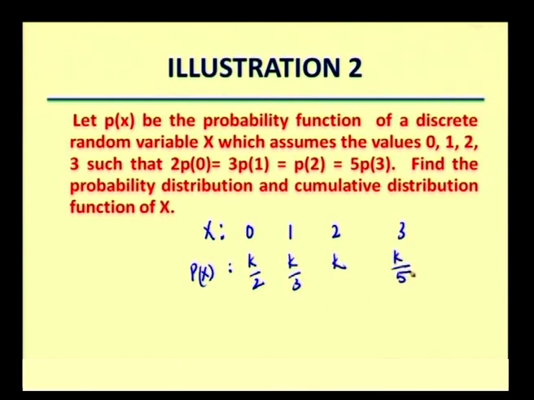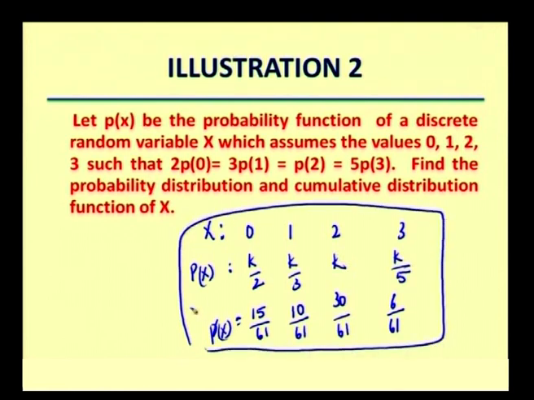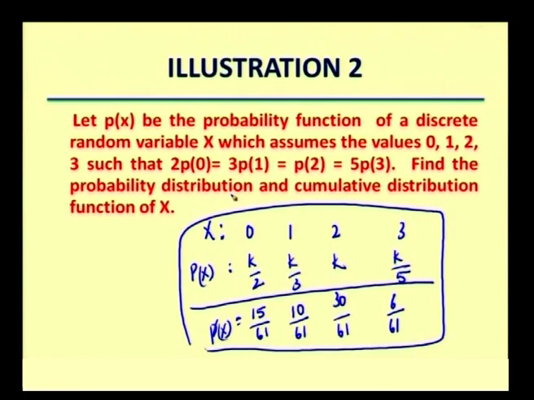Now, when you substitute the k value as 30 divided by 61, you get 15 by 61, 10 by 61, 30 by 61, then 6 by 61. So, this is your probability mass function of x, the k values being substituted. Hence, now we have found out the probability distribution of x.